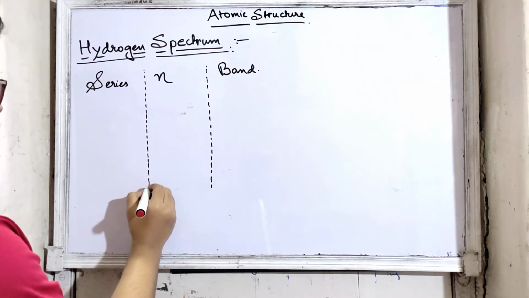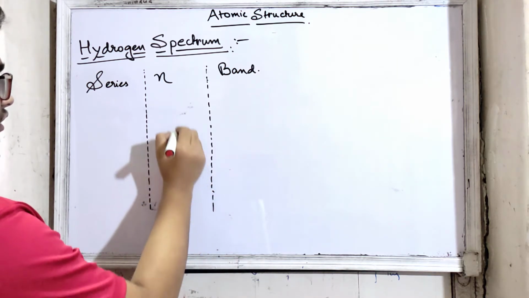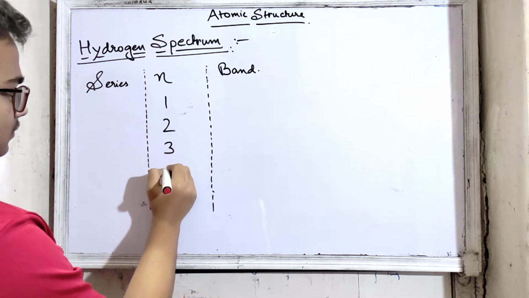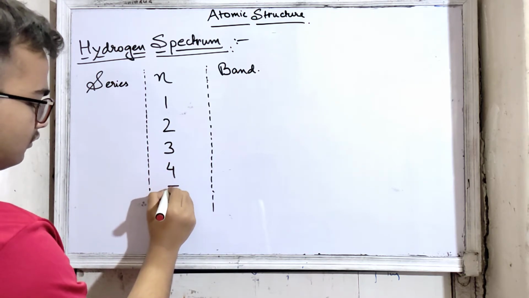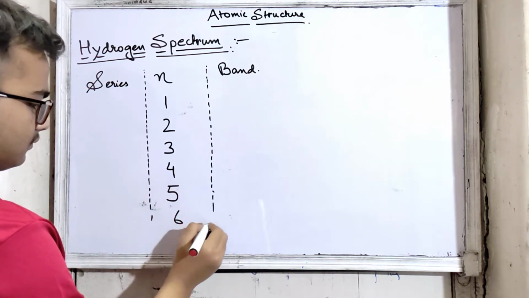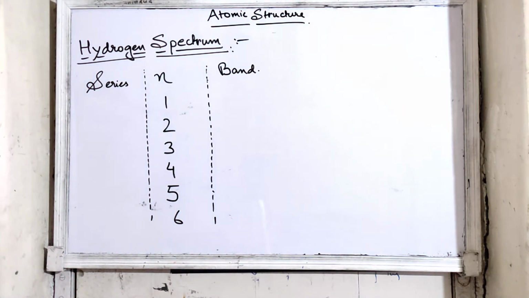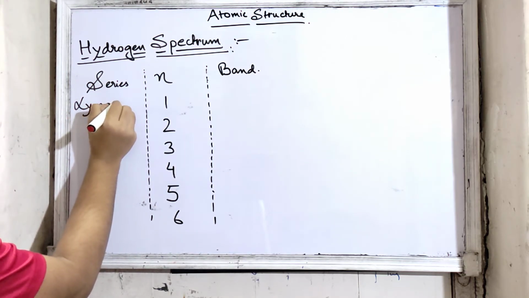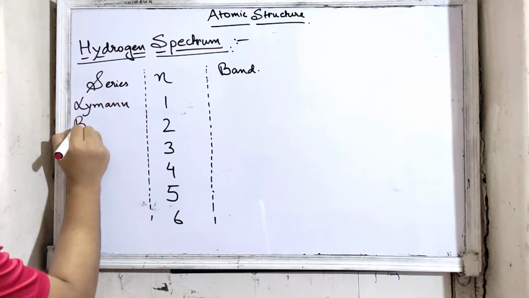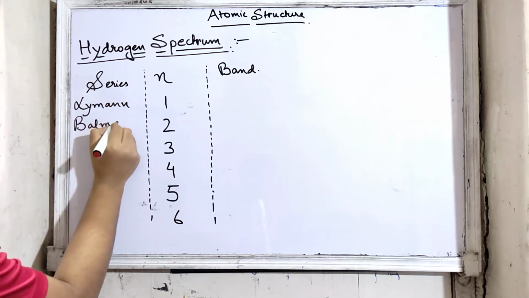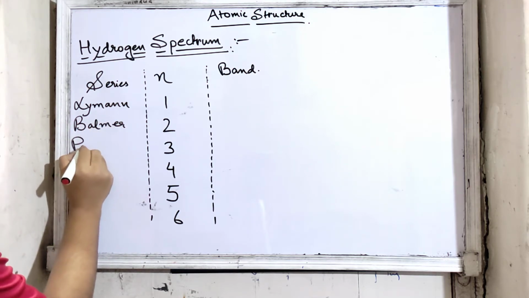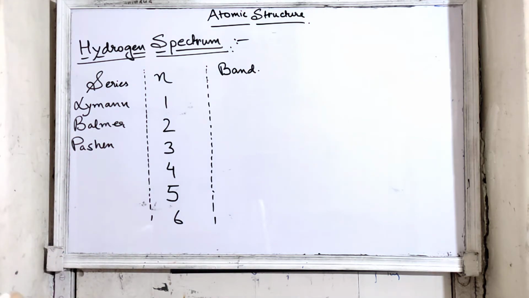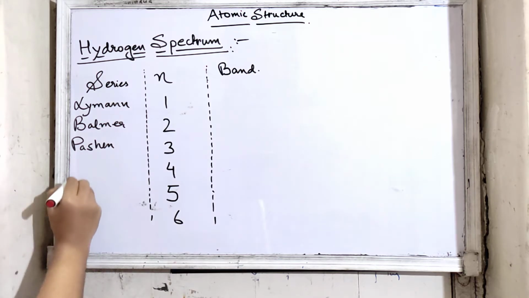First series which comes for n equal to 1, let's make it 1, 2, 3, 4, 5 and 6, right. So the first thing which comes is the Lyman series. Next is Balmer series. Third is Paschen series. Okay. Now after this it comes the Brackett series.